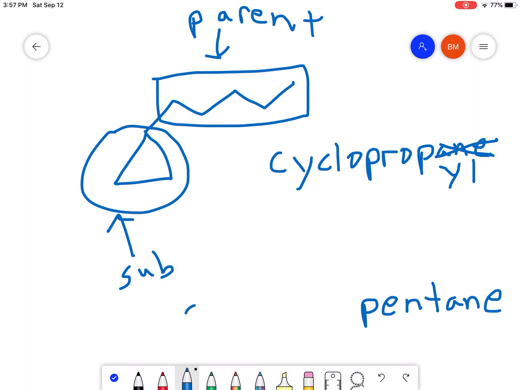So this becomes a cyclopropyl group. And it's on carbon number 1 of this chain, so it is 1-cyclopropyl pentane. Okay? Probably more often than not when you encounter rings, they usually tend to be parent chains, but not always, certainly. And so being able to recognize that will be important.